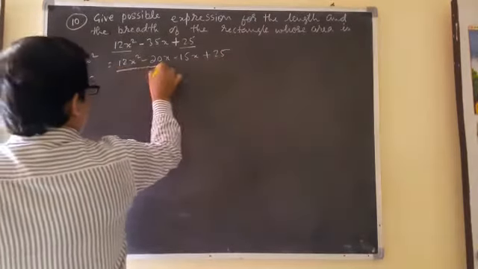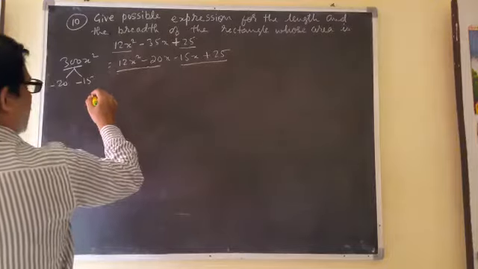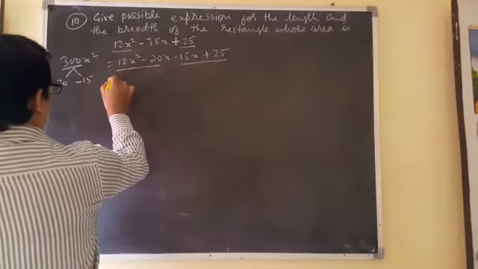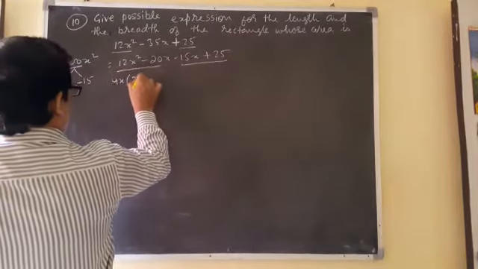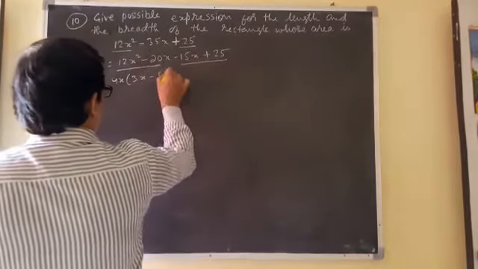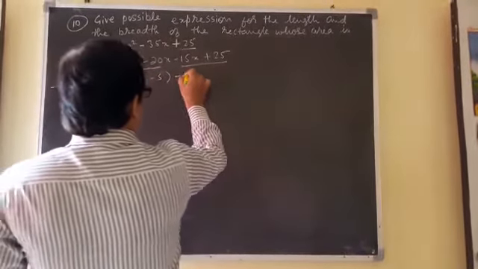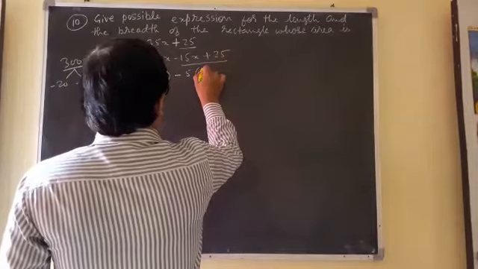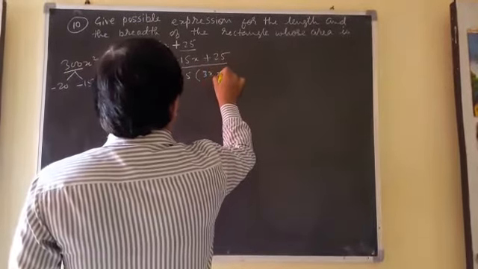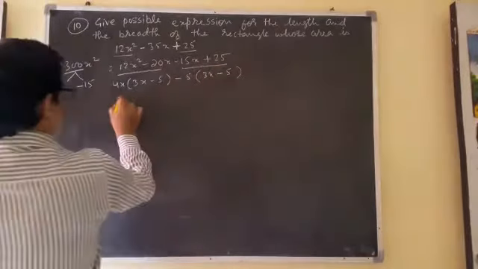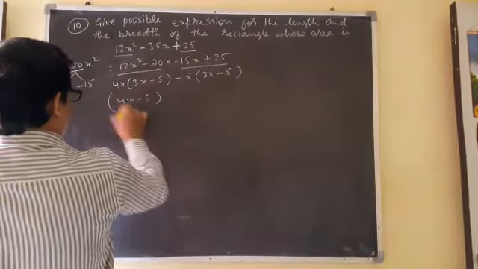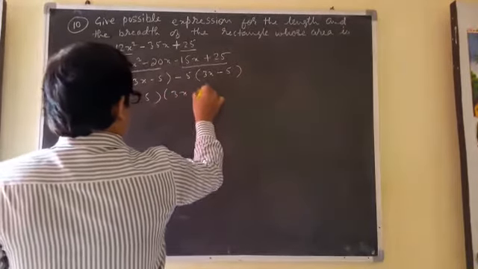Now we will make pairs and take the common factor. So here it will be 4x, 3x minus 5, minus, here we will take 5, 3x minus 5. So 4x minus 5, 3x minus 5.